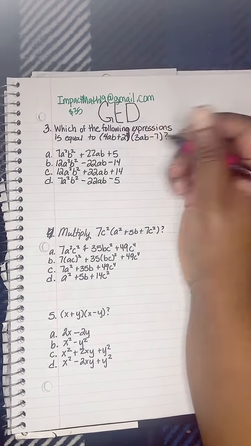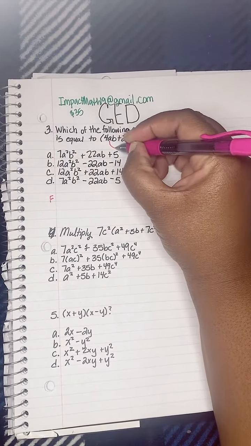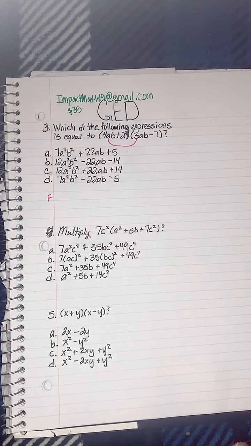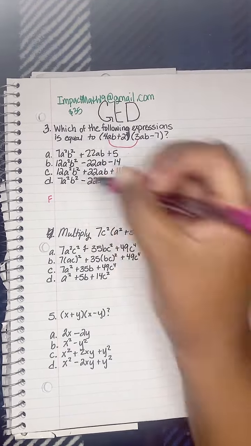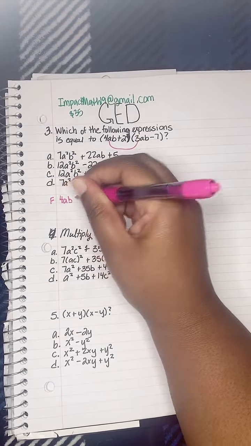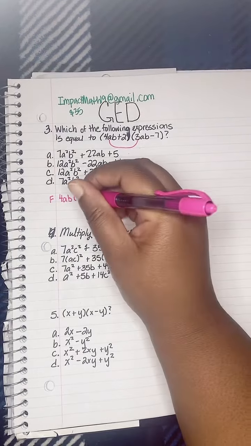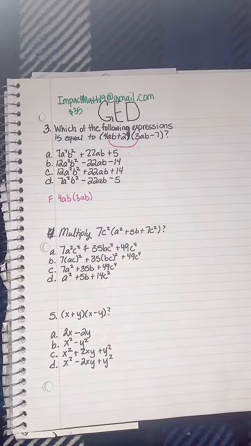So the foil way, you have to do first. So these are the first in each parenthesis, okay? So it's first. So we're going to do 4AB times 3AB. Okay, that's how we get in the first.